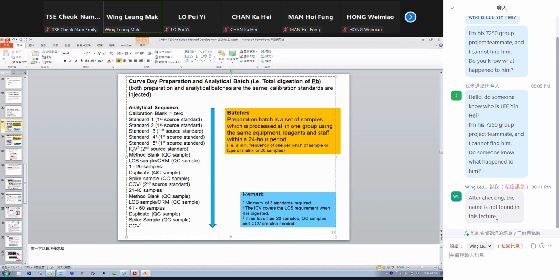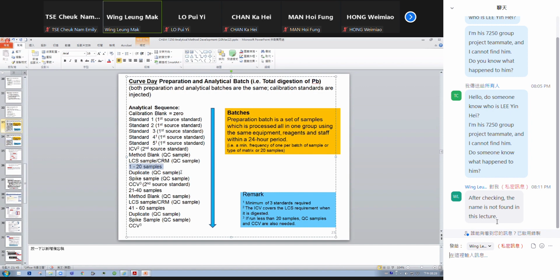The blank should be negative, this one should be positive, and you have the known number. And you analyze 1 to 20 samples. 1 to 20 samples, we always call it a batch. Okay, this one is the first batch. 20 samples form a batch.